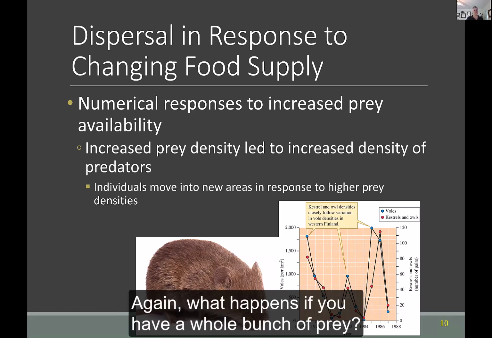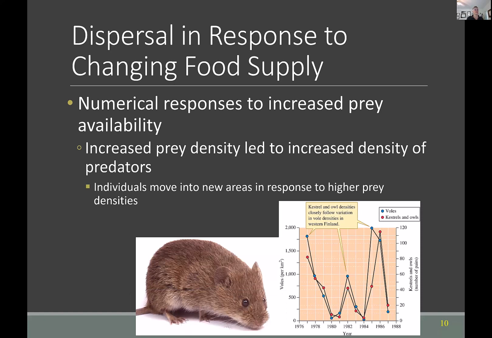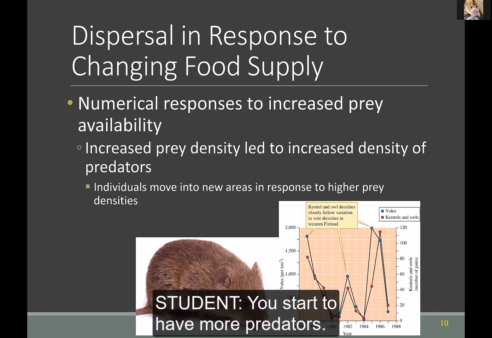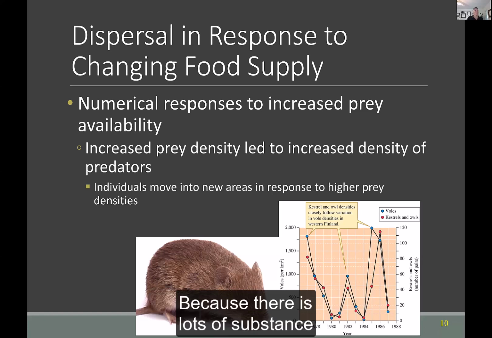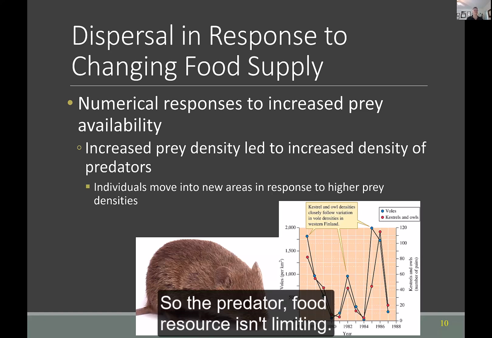Again, what happens if you have a whole bunch of prey? You start to have more predators, right? Because there is lots of subsistence available for those predators, so their food resource isn't limiting.